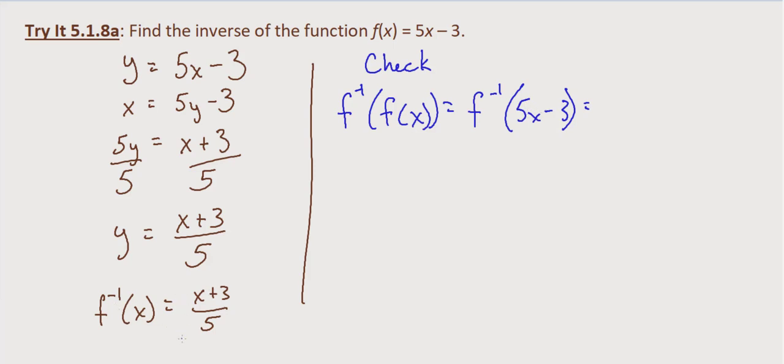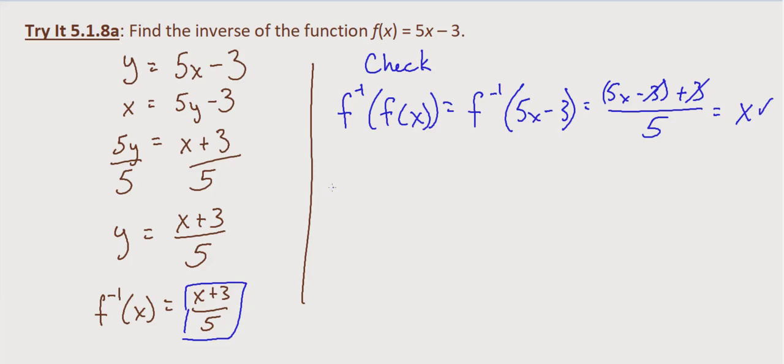Well, our f inverse is right down here, x plus 3 divided by 5. So we substitute 5x minus 3 for x. So 5x minus 3 plus 3 over 5. Negative 3 plus 3 is 0. 5x over 5 does indeed equal x.